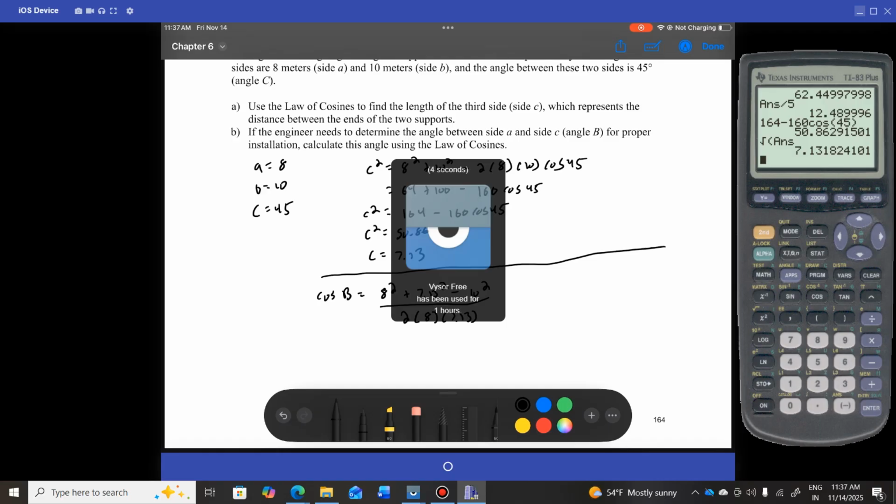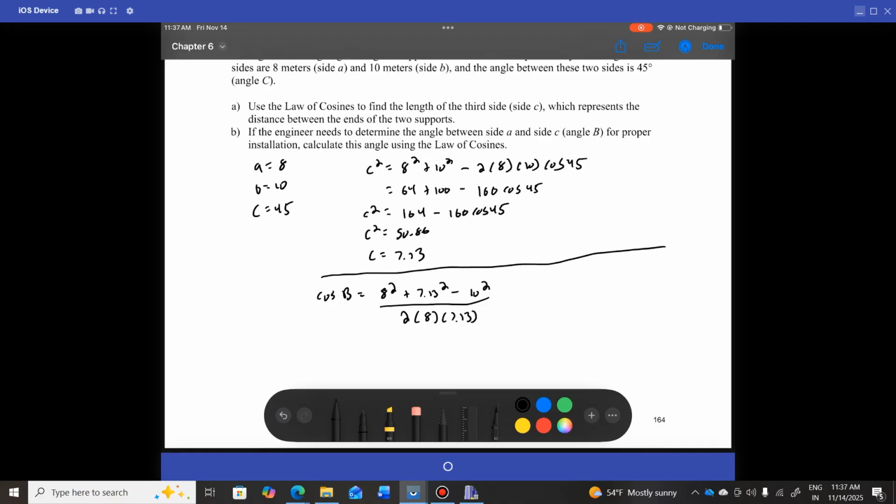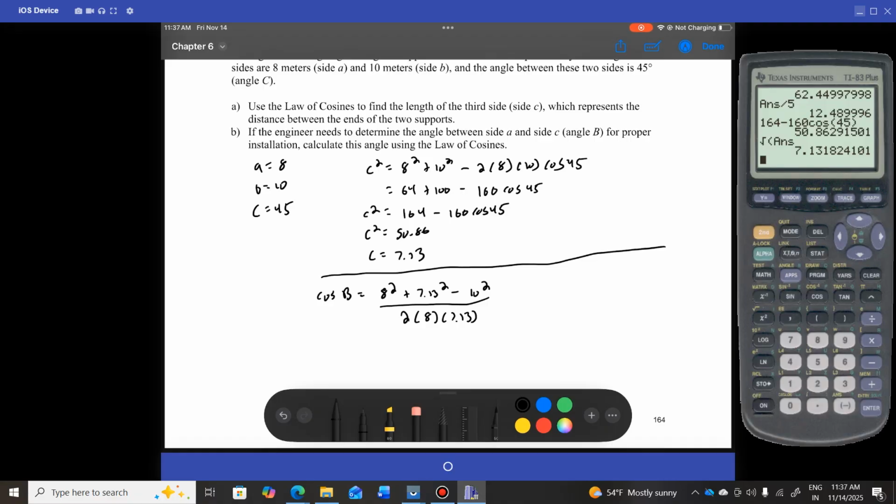So 8 squared plus 7.13 squared minus 10 squared, right, divided by 2 times 8 times 7.13.